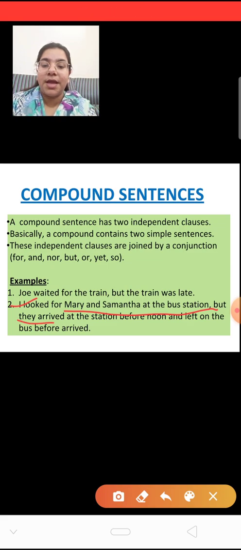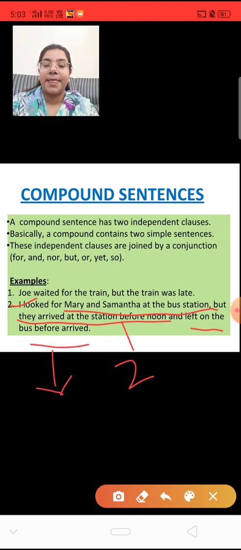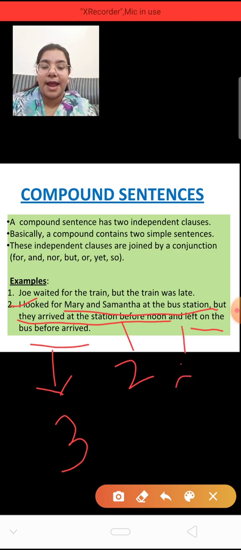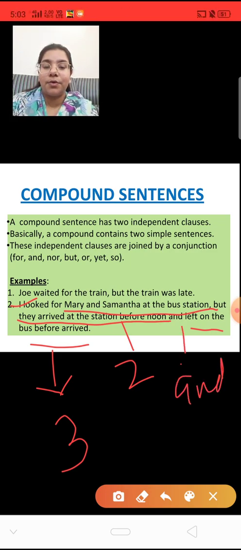Now they arrived at the station is the second main clause. And the third is they left on the bus. They are joined by the conjunctions, like here it is and, and here it is but.